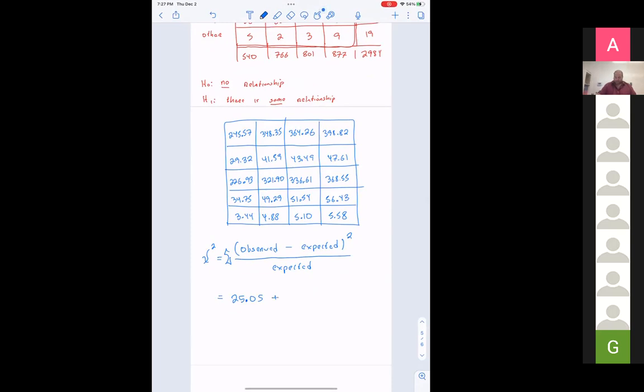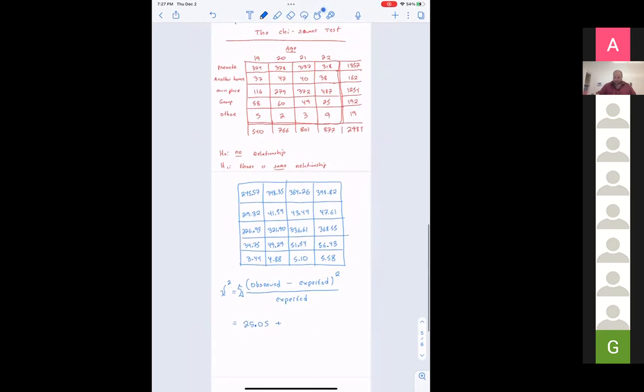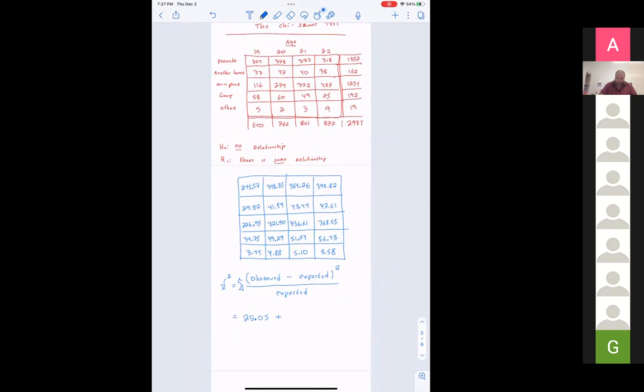Plus, and let's just do one more just for completeness. What was the second of my actual values? 378. What was its corresponding expected value? 348.35.